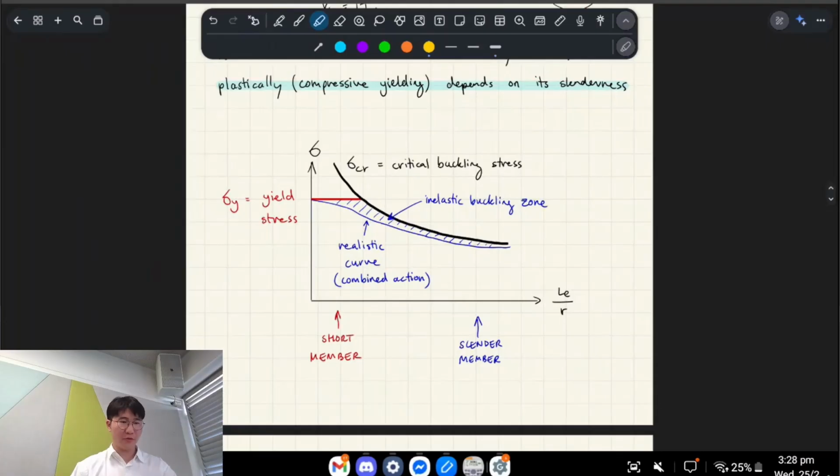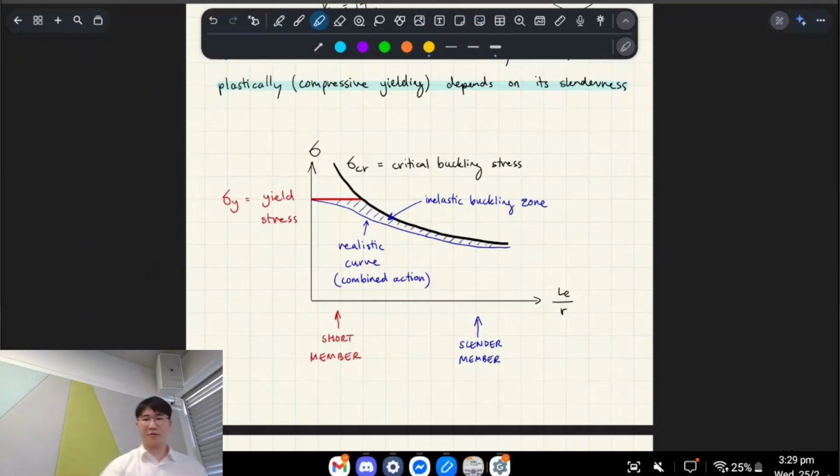So basically, a more stubby member, let's say my drink bottle. Imagine like a hydraulic press going on this drink bottle. There's a certain amount of compressive force before the whole thing squashes, basically. So that's like a squash yield failure, right? That's material failure. But we know that that won't be the case for something like this, something that's really stick-like, because it's going to buckle and break before it reaches material failure.